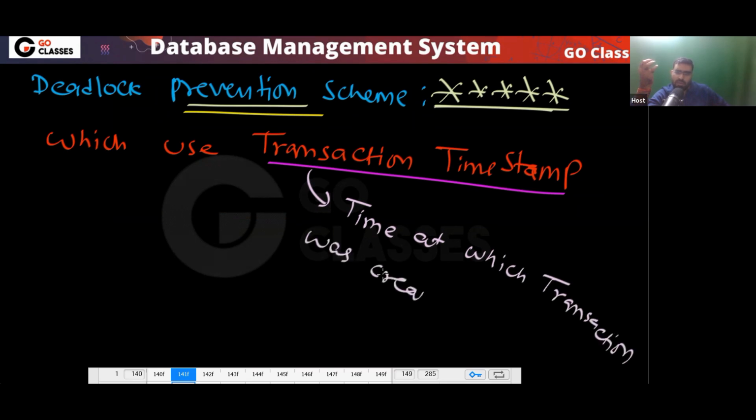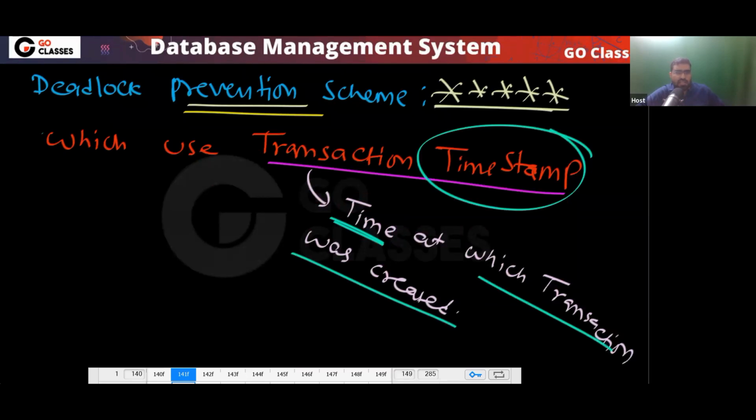You can check the system clock, in your system there is a clock, tick tick tick. From the system clock you can check what the time is. That time you can assign to the transaction as its timestamp.